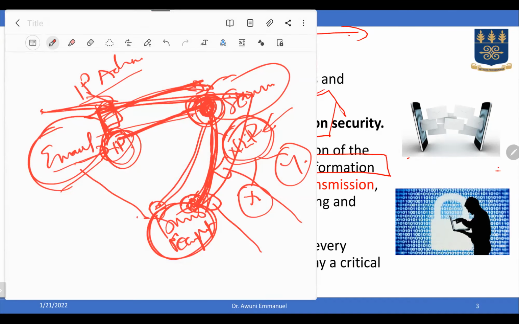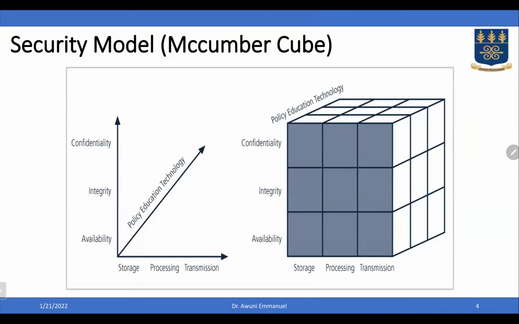Now, let's look at the security model. This diagram is a security model we call the McCumber Cube. It's a model that was developed purposely to guide how organizations can protect their assets.